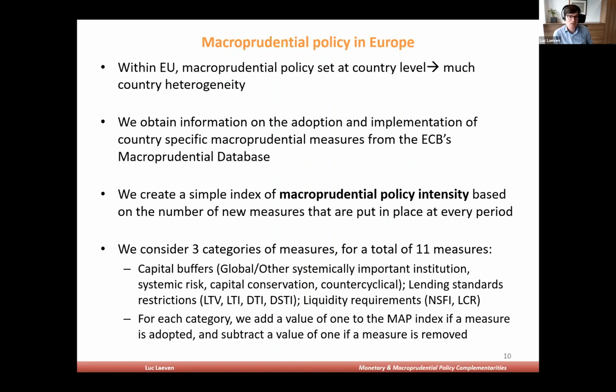The way we construct an index of the intensity of macroprudential policy is to take the 11 measures listed below that are considered macroprudential policies by the ECB's macroprudential framework, grouped around either being capital buffer measures, lending standard measures, or liquidity requirements.